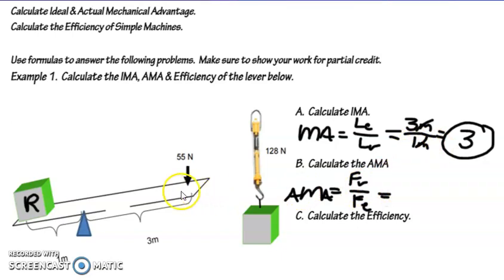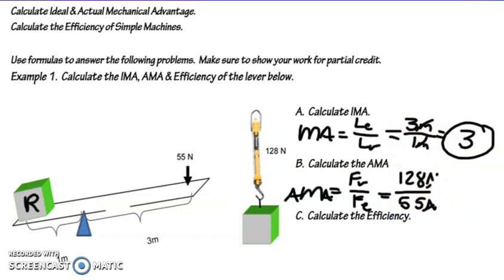So in this case right here, the force of our resistance read as 128 newtons. So 128 newtons. And then the force of our effort is going to be 55 newtons. Again, these are newtons, and they will cancel out. Don't know why I have a box there. It's bothering me. Well, anyway.